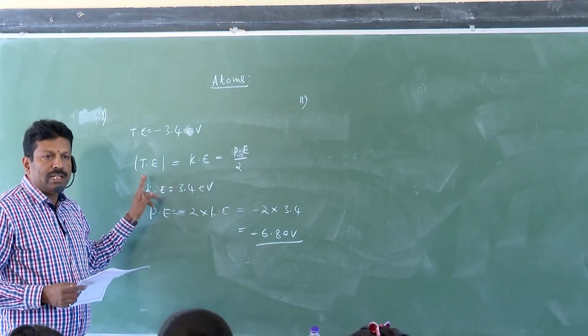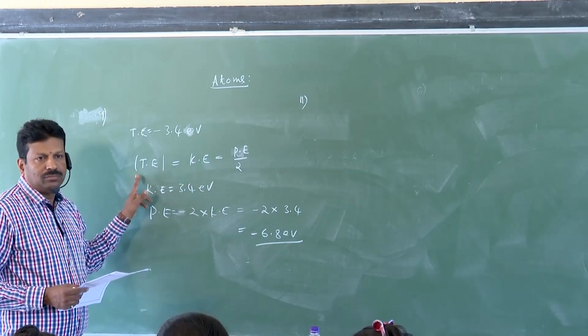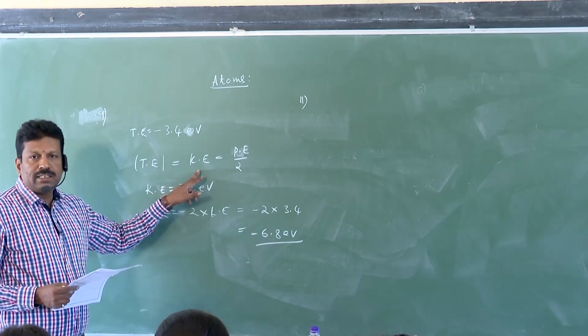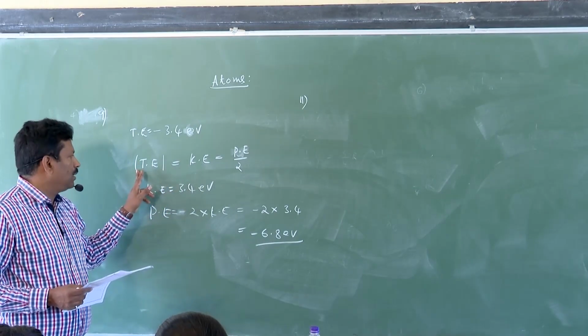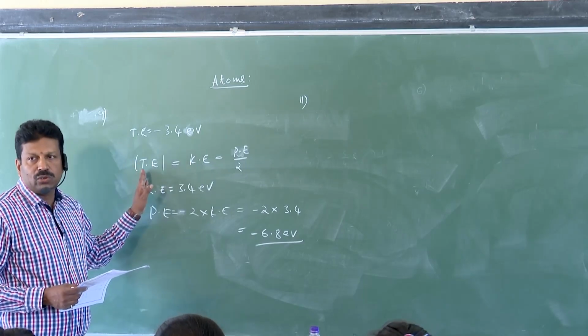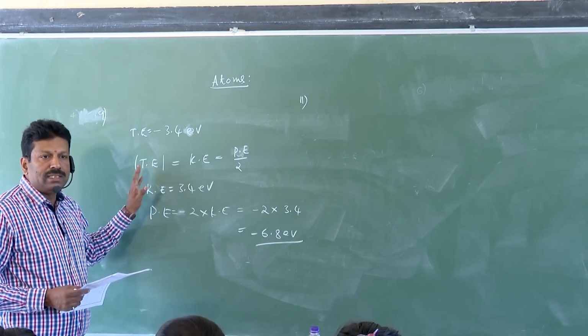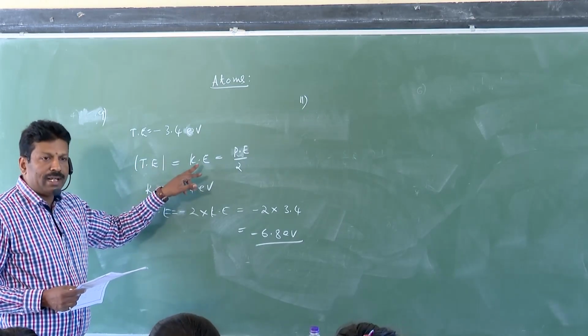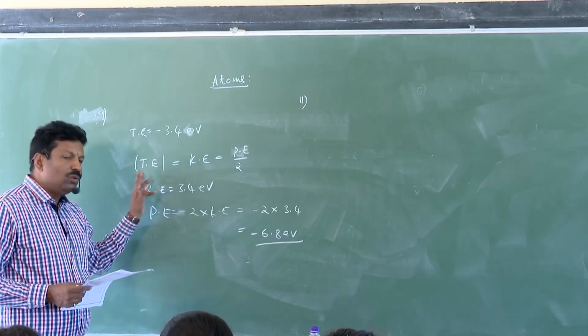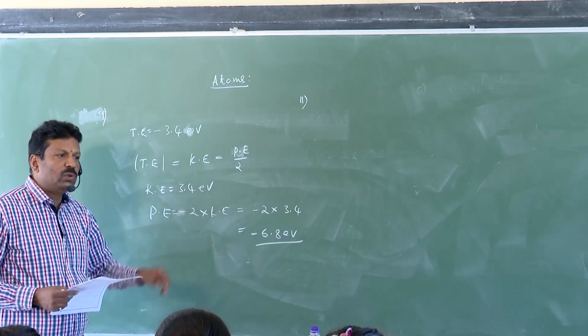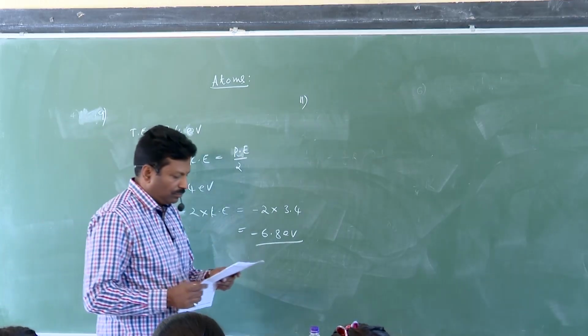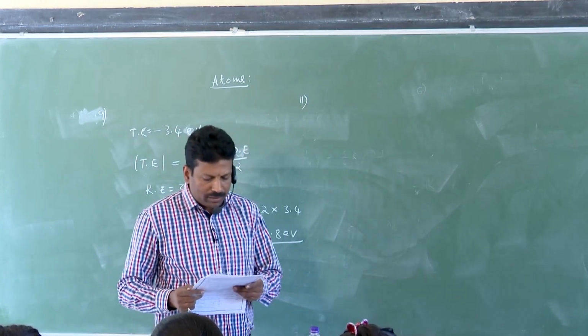Kinetic energy is equal to total energy, but total energy is negative, right? Kinetic energy is equal to the magnitude. So total energy is always negative. Therefore, kinetic energy is positive, which is equal to total energy magnitude. Therefore, 1 is to minus 1. Option number B.